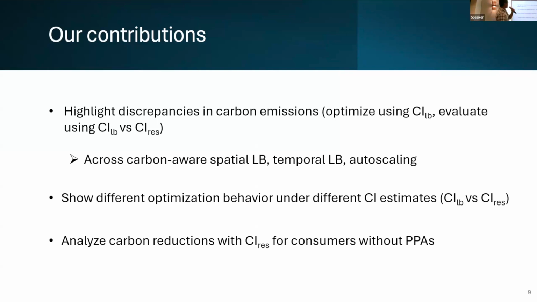We also assume a hypothetical scenario where CI_RES, or residual carbon intensity, is available in real time, which is not the case now. Then we show that the optimization decisions are much different than what they are today. And we analyze the carbon reductions for consumers without PPAs in that case, if they use CI_RES for both optimizing and evaluating. I'll go into all these contributions now.